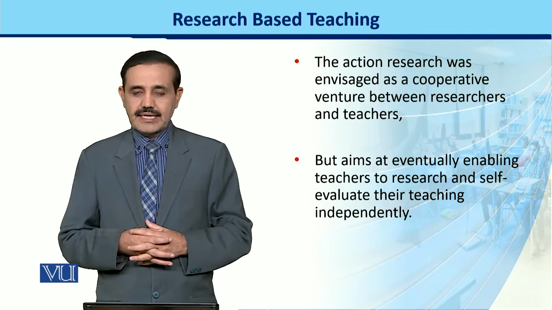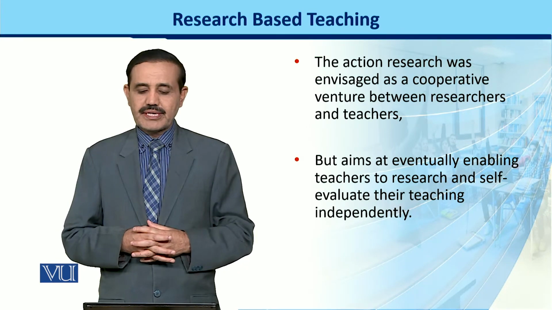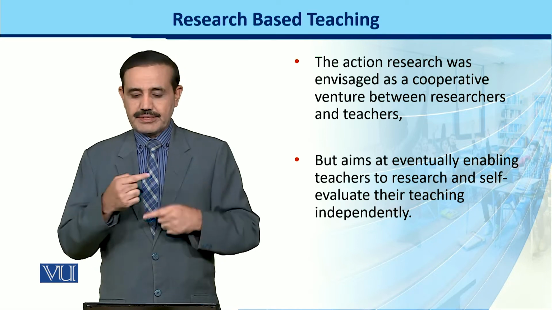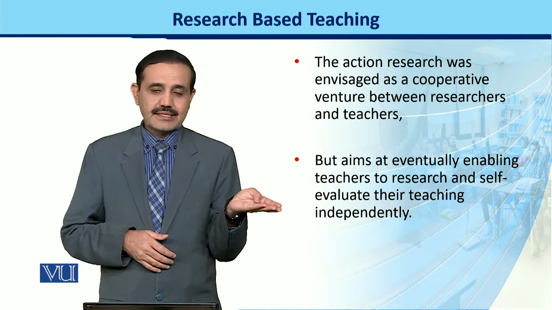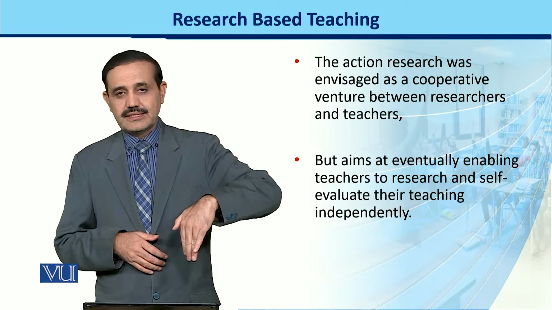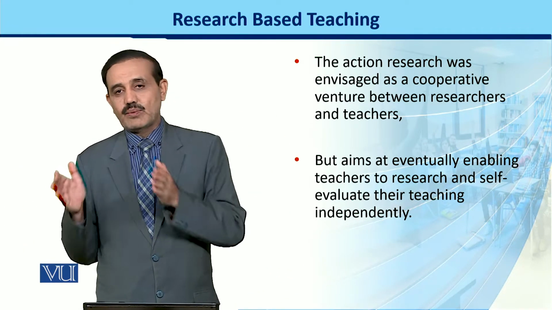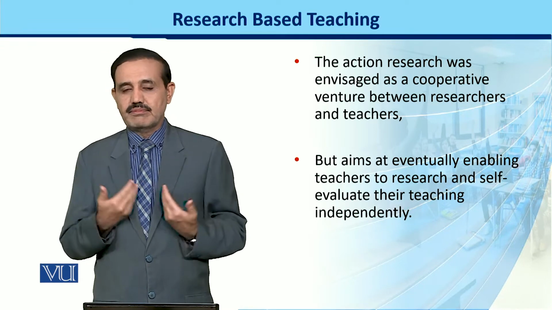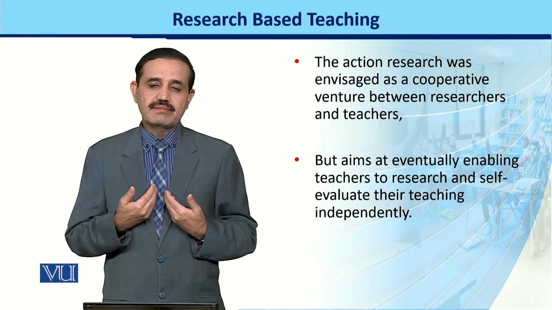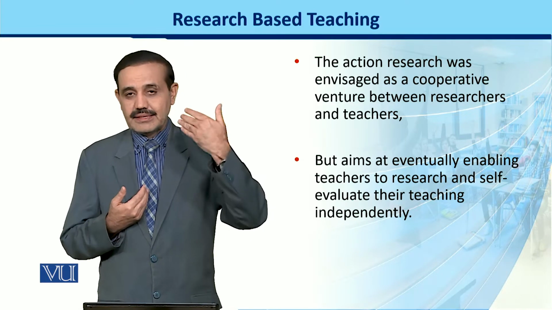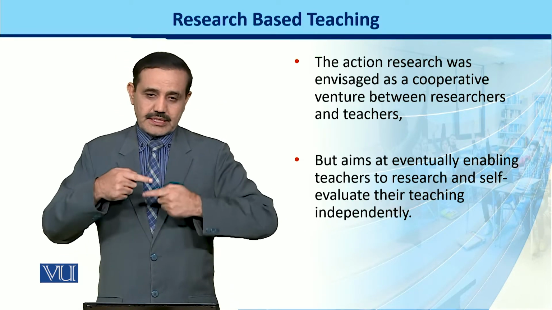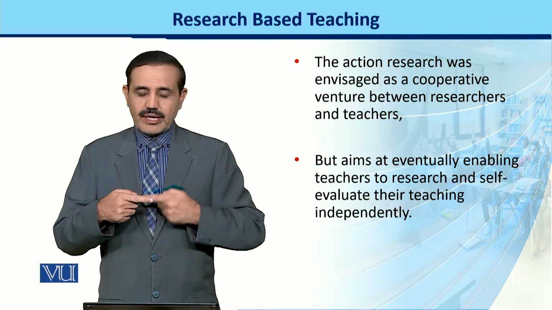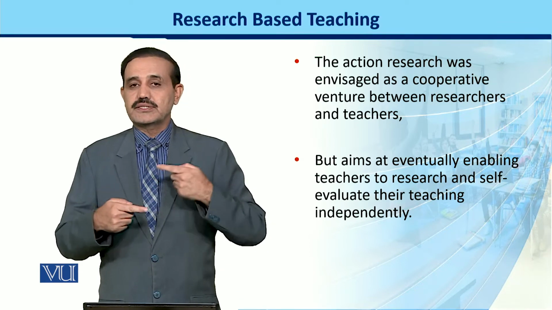Therefore, action research was considered a cooperative venture between researchers and teachers. The teachers are the researchers, and the researchers are the teachers. If they are separate, and at one time I am playing the role of the researcher and subsequently the role of a teacher, then what should the reciprocity be, and what kind of joint venture should prevail?